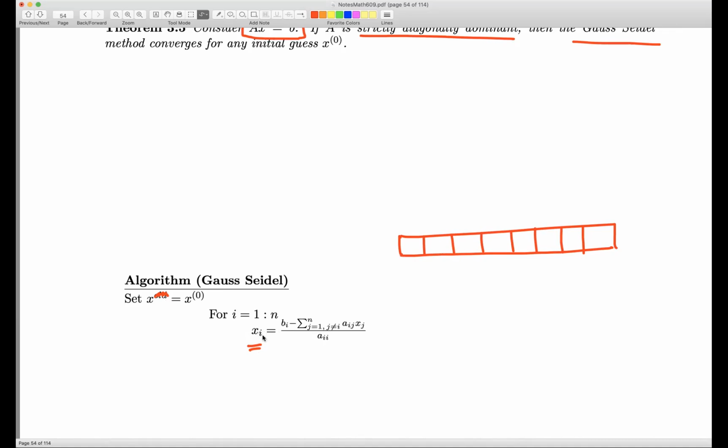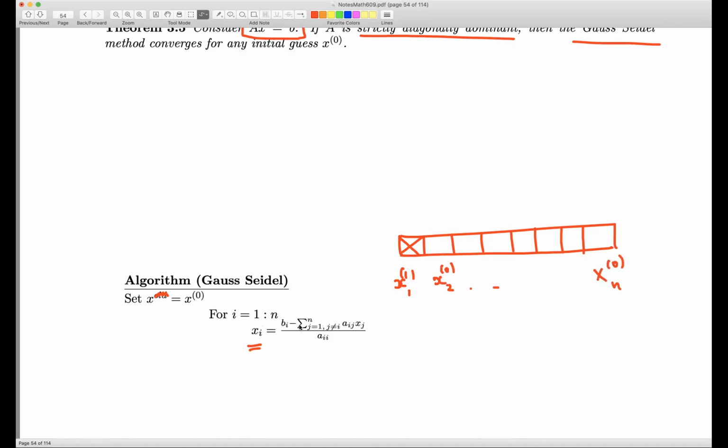Once we run the first loop, we will compute the x1. So after computing this formula when i is equal to 1, we will have the first component of the vector x1. So here will be x1,1, and the rest will be x0,2, and so on up to x0,n.